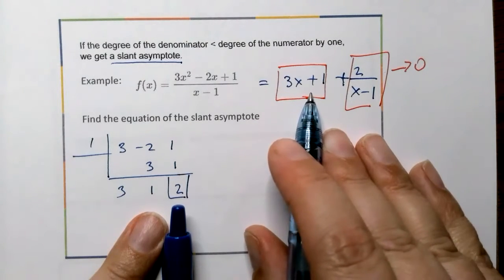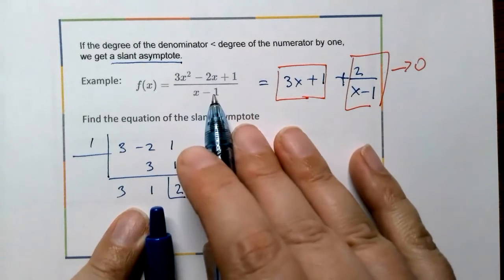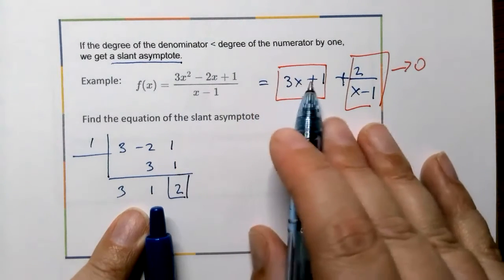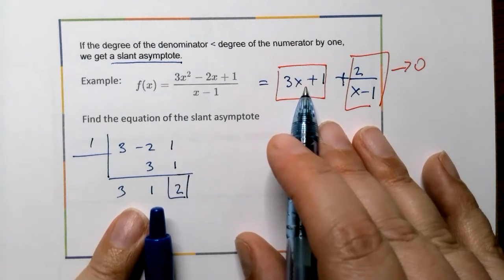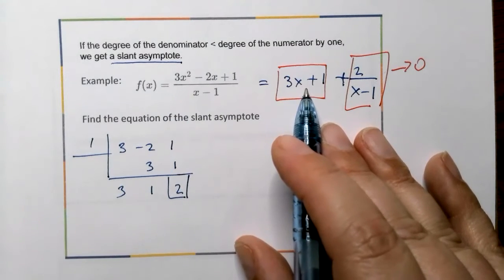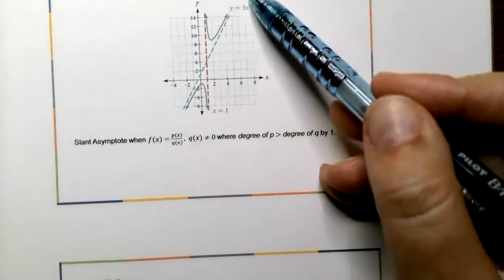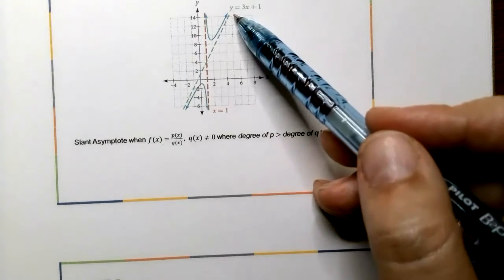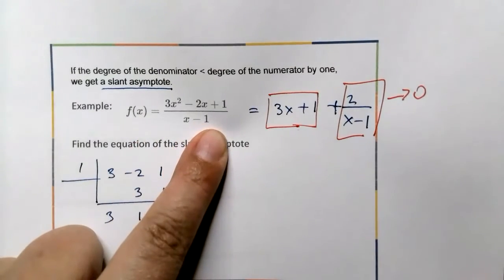And that is exactly why the graph of this function will behave as a line as x gets larger. Around the y-axis, in the center, it could behave differently, but on the ends, it's going to follow this line, okay? And this is how you find it. You perform a division.